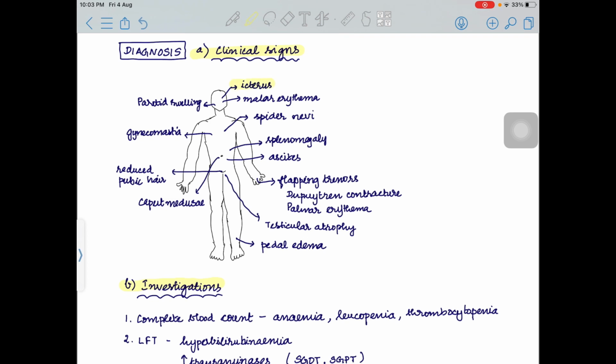From head to toe: icterus, malar erythema, parotid swelling, spider nevi, gynecomastia, splenomegaly, ascites, caput medusae, reduced pubic hair, flapping tremors, Dupuytren contracture, palmar erythema, testicular atrophy, pedal edema.